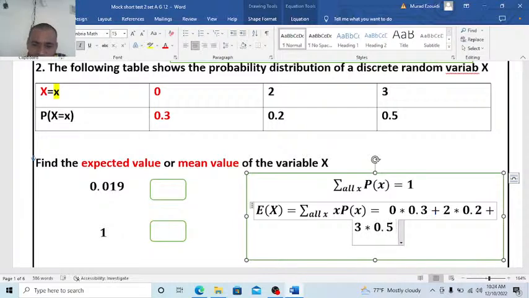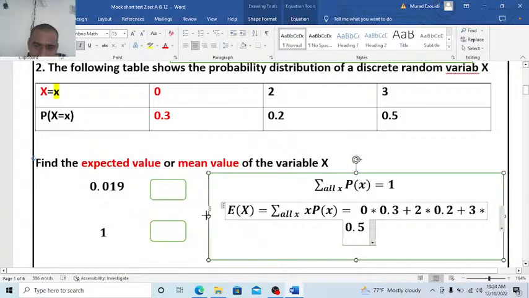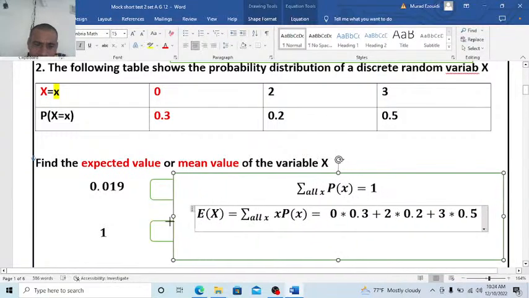So this one, learners, you are going to use your calculator to figure out the answer here.